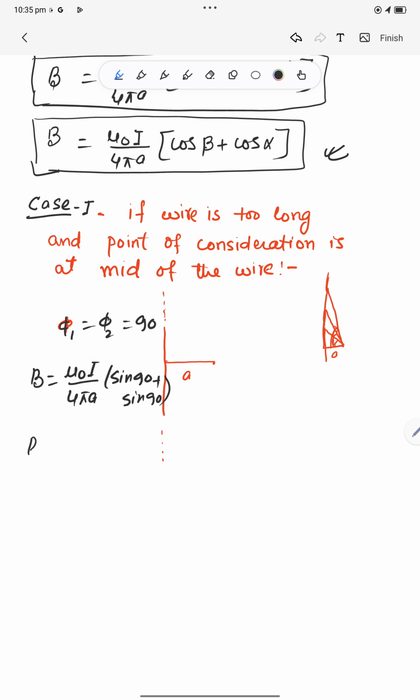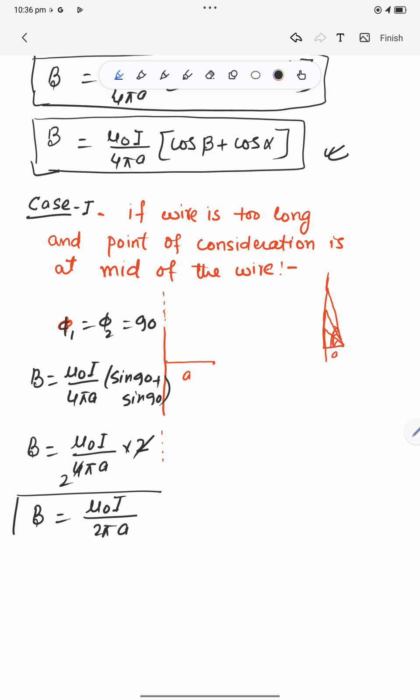We will get B is equal to mu naught I by 4 pi a times 1 plus 1, that is basically 2, and we will cancel this 2 with the 4, and we will get B is equal to mu naught I by 2 pi a. This is the final formula for a long wire.